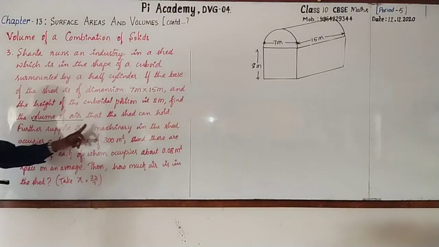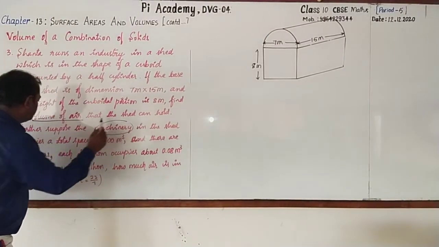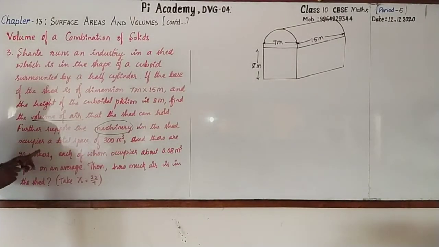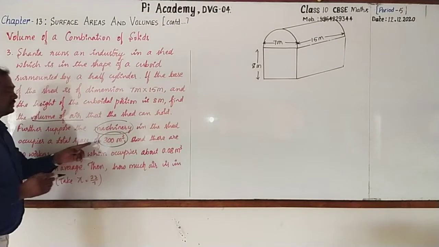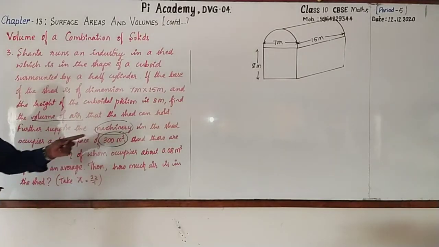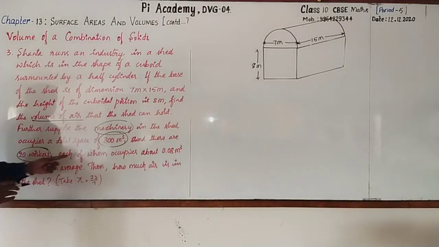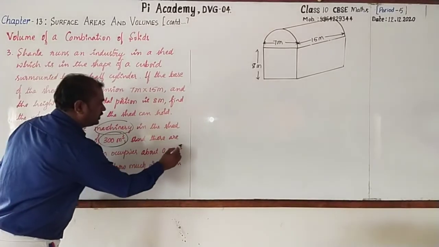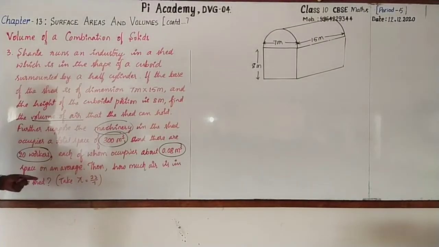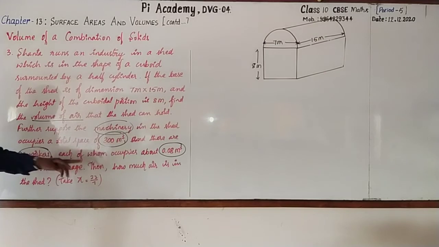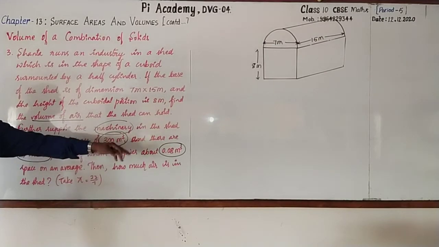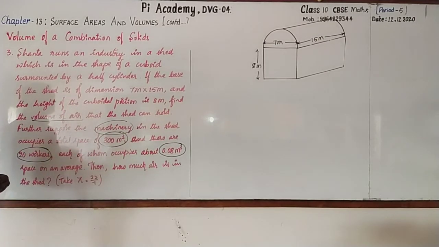Further, suppose the machinery in the shed, there are some machines in the shed, they occupy a space of 300 meter cube. And there are 20 workers, each will occupy a space of 0.08 meter cube. If it is so, then we have to find how much air is inside the shed. Got it?